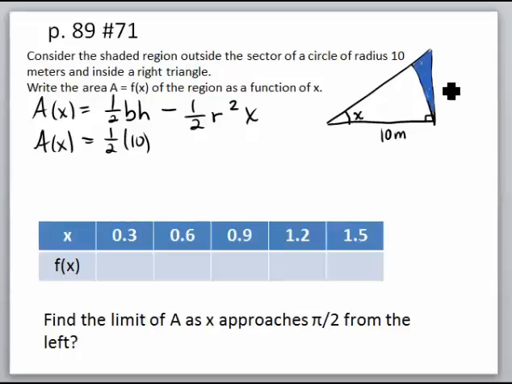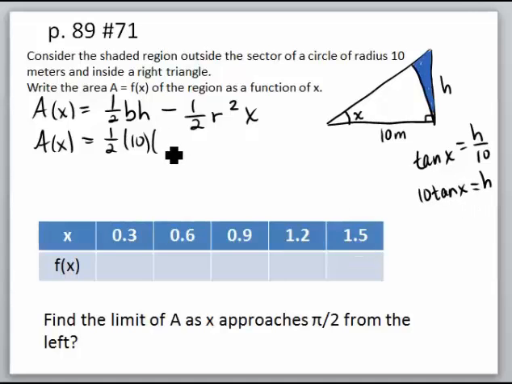So I'll label this as H right now, and then I'll use some trig identities to help me figure this out. I have opposite and adjacent, so that would be the tangent. The tangent of x is equal to opposite over adjacent, so that means the height of this is 10 tangent x.